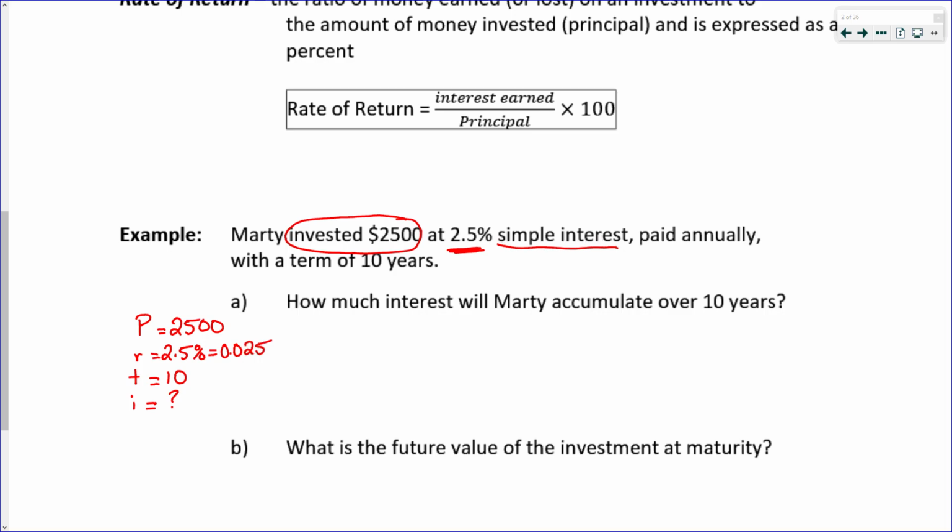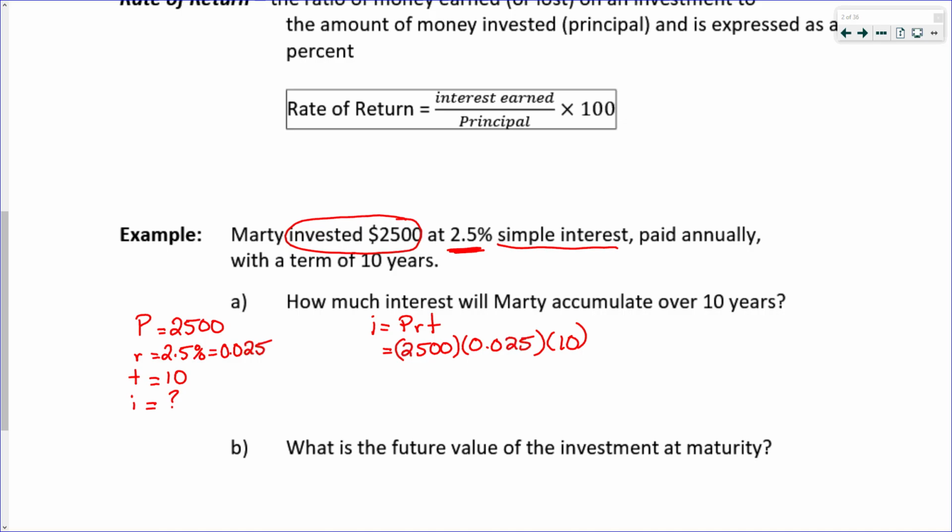So now I'm going to use the simple interest formula to figure this out. My formula is I = PRT. I don't know what my I is, but I know what my P is. It's the 2,500. My R is the 0.025. So remember, it's got to be in decimal form. And my T is 10.